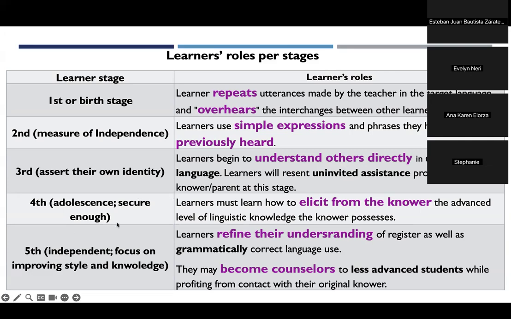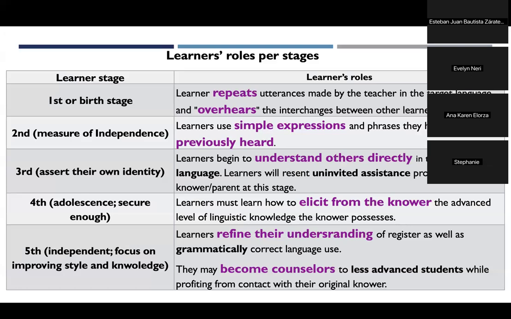In stage number 4, learners must learn how to elicit from the knower advanced level of linguistic knowledge. So in this stage number 4, the learners are going to ask for more elaborated ideas, more elaborated phrases. In the final stage, learners refine their understanding of register.